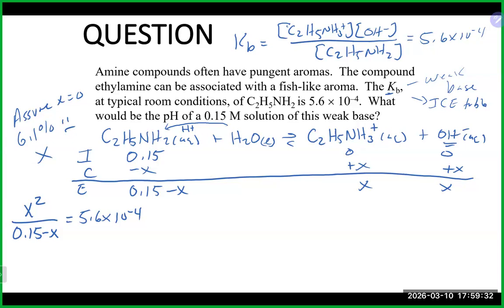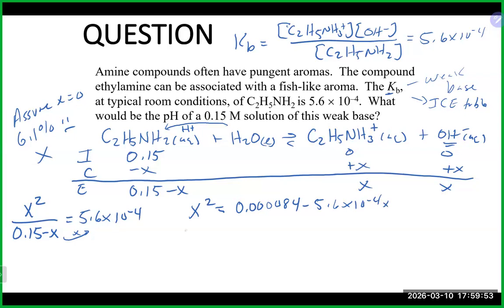So because this is a bad assumption, we then need to solve it using our quadratic. And we're going to then multiply that to the other side, and that will get us x squared is equal to, looks like 0.000084 minus 5.6 times 10 to the minus 4 x.